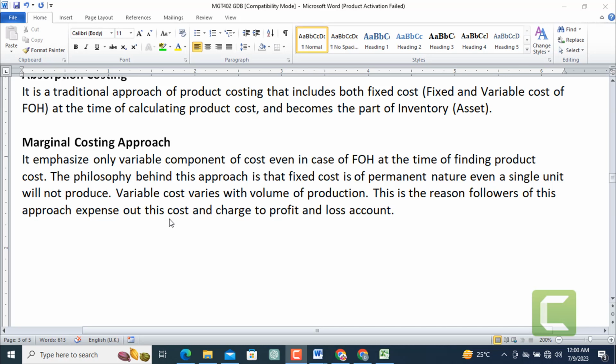even in case of FOH, factory overhead cost, at the time of finding product cost. The philosophy behind this approach is that fixed cost is of permanent nature. Even if a single unit is not produced, it remains.